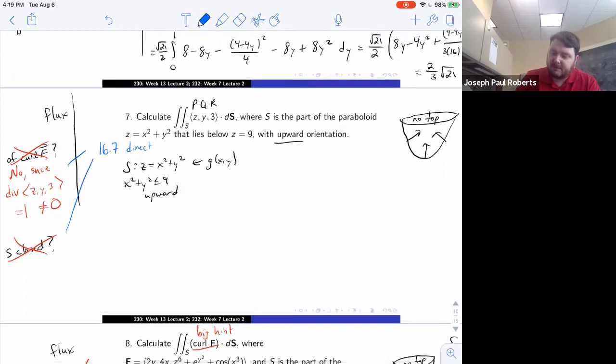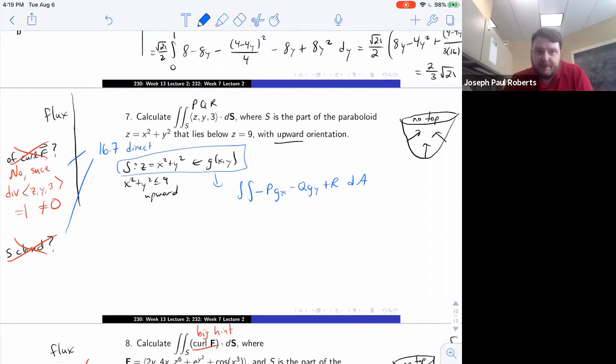So the 16.7 direct calculation for something like this, if my surface is a z graph, then that's my minus p gx minus q gy plus r formula. And so that's my P, Q, R up there. My g of x, y is there.